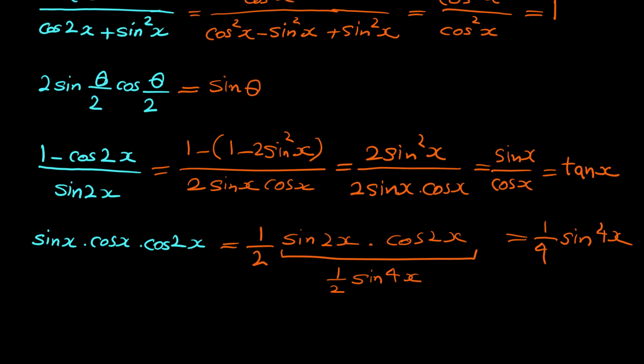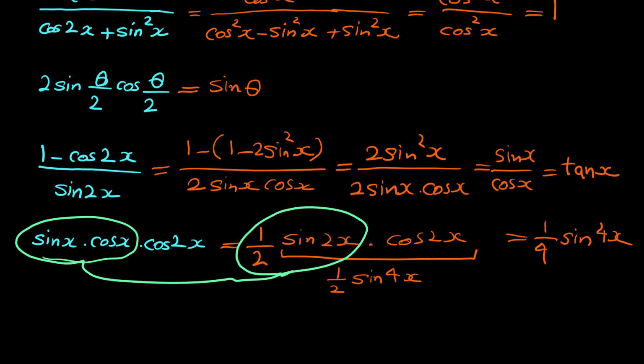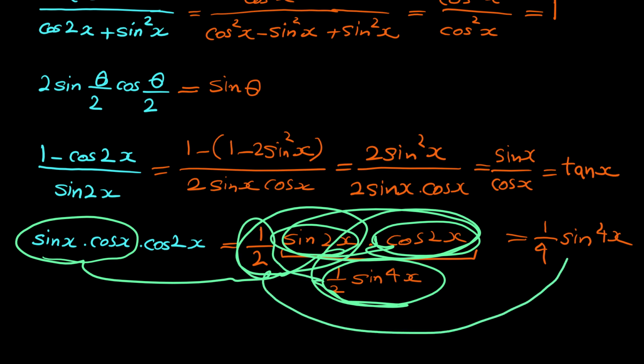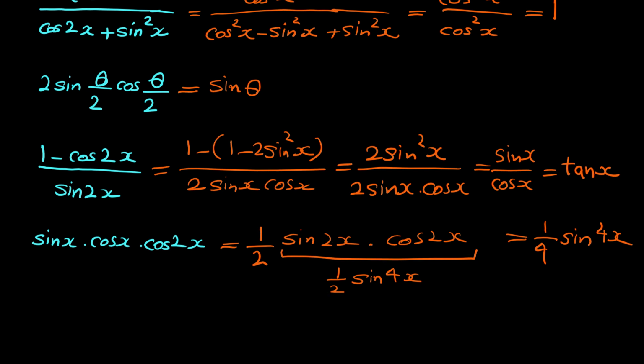I know this question was a little tricky, but I hope you understand what happened. First, we substitute this with 1/2 sine of 2x. Then this sine of 2x times cosine of 2x is again 1/2 of sine of 4x, which multiplies by this 1/2, and the final answer is 1/4 of sine of 4x.